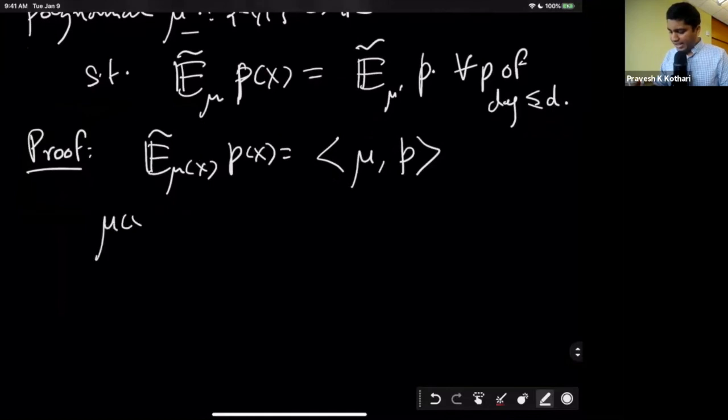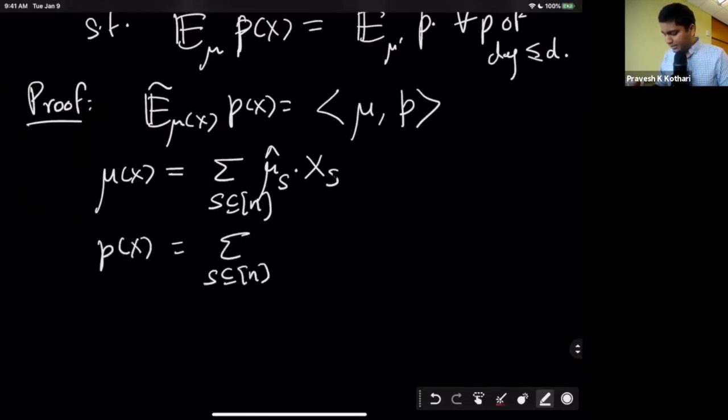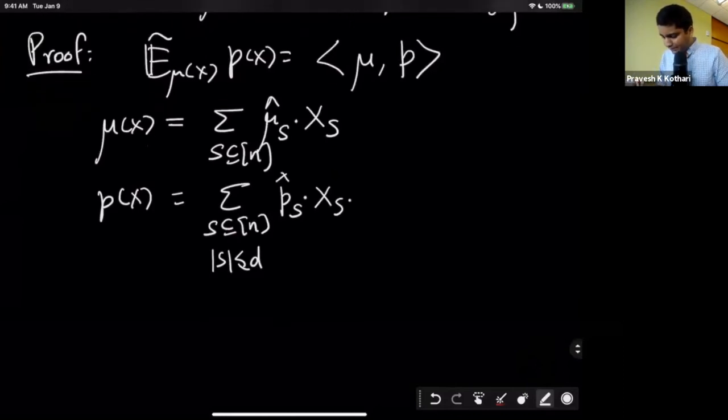You can write any mu in the coefficient representation that we did before, and we can write p, and because p is a degree d polynomial, the sets that appear are at most of size d. The only observation is that if I take the inner product of this, the terms which are of degree higher than d in mu will not contribute anything. They will zero out.